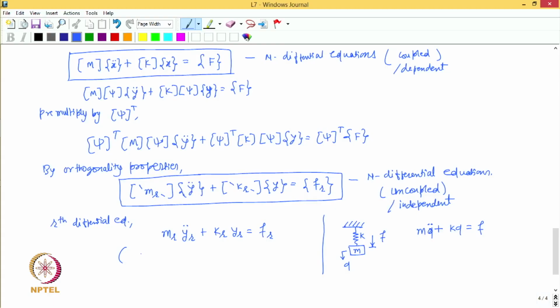So, this differential equation can be looked upon as the equation of motion of a hypothetical single degree of freedom system for the rth mode of vibration of the multi-degree of freedom system.